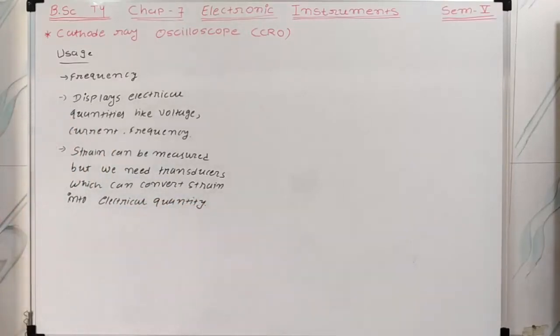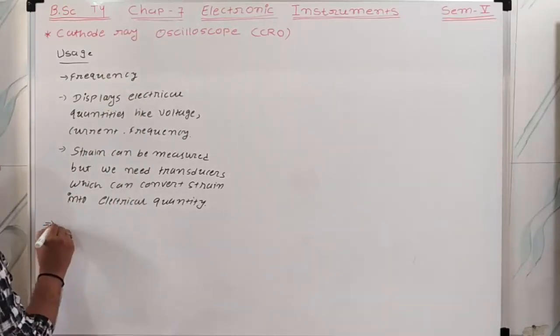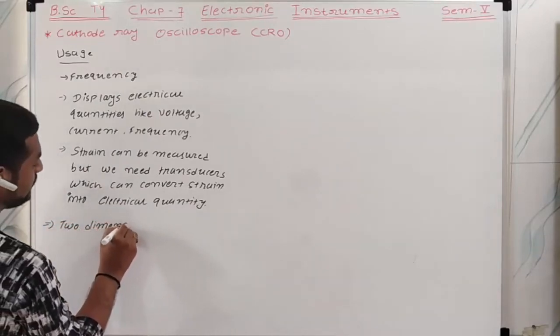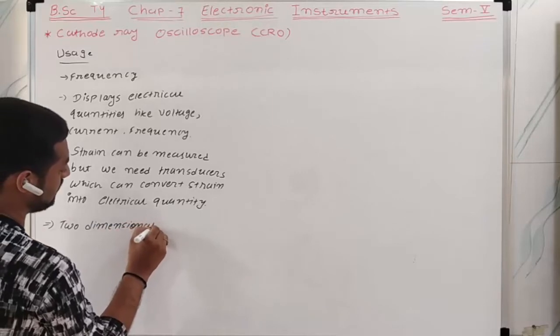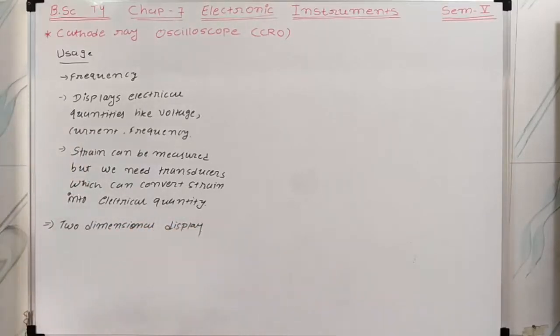Right? So for this type of purpose, you can say this CRO can be used, right? This CRO is giving you a two-dimensional display of the signal wave shape.